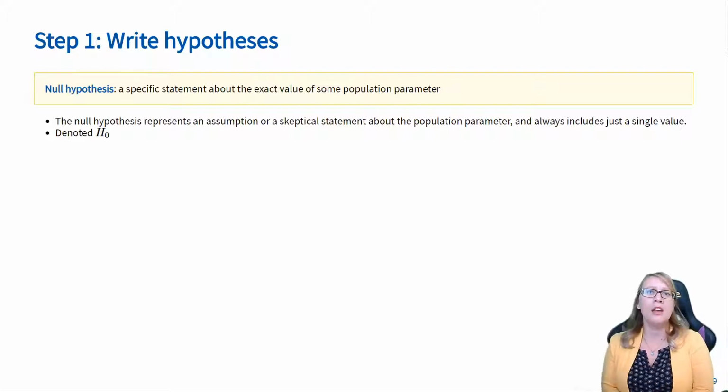That something should reflect a sort of skeptical assumption or statement about the population parameter given the research question. So essentially, the null hypothesis is kind of the nothing interesting hypothesis. We'll denote this as H sub 0 or H sub naught or H null, depending on how you're used to seeing that subscript.